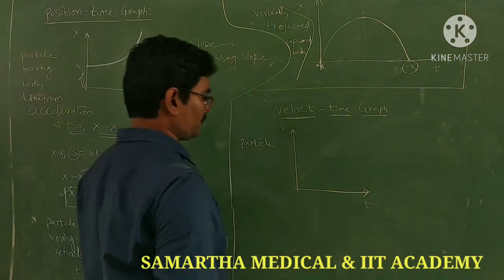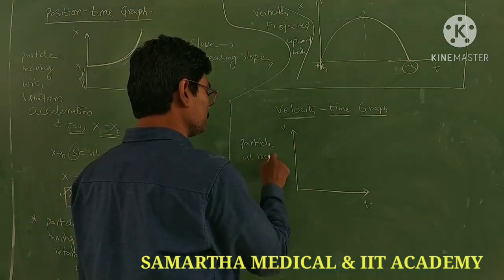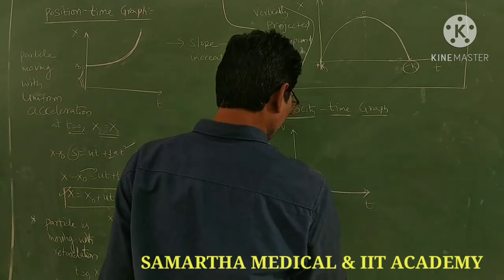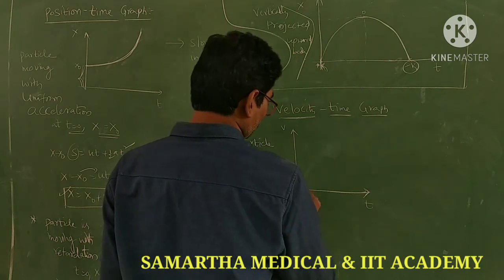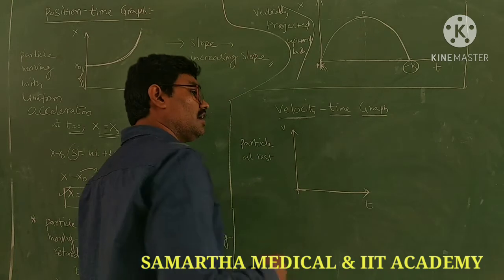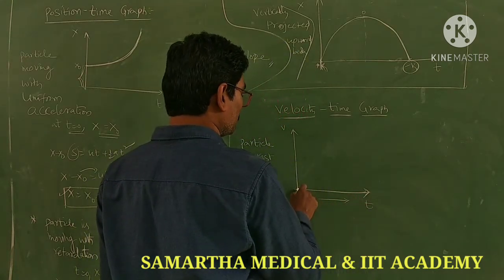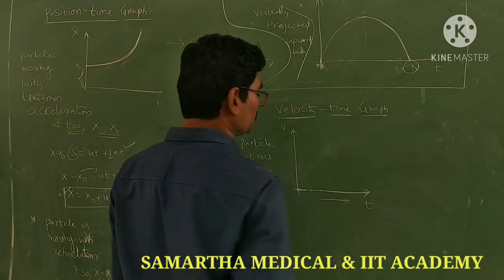Similarly we will write for the velocity time graph. So, particle at rest. At time t equal to 0, velocity is 0. After some time also, as time changes, the velocity of the particle remains 0, then only you can say that the particle is at rest.